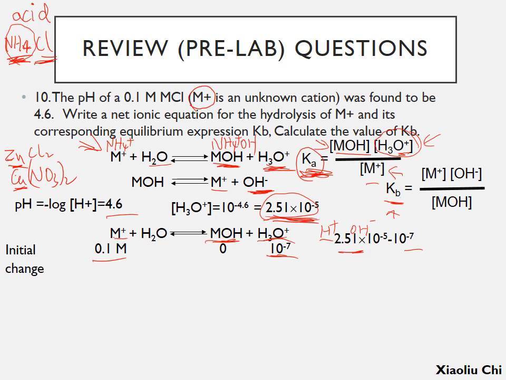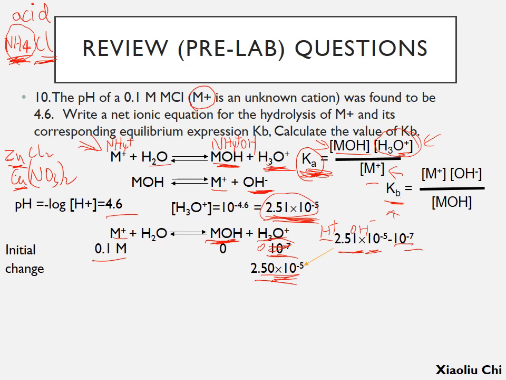That's how much change. But initial is very small compared to 2.5 times 10 to the minus 5. And so you can approximate it as just 2.5 times 10 to the minus 5. And so initial, as we show, we can just write as 0. And this is the final product. That's how much change. So this is how much generated.